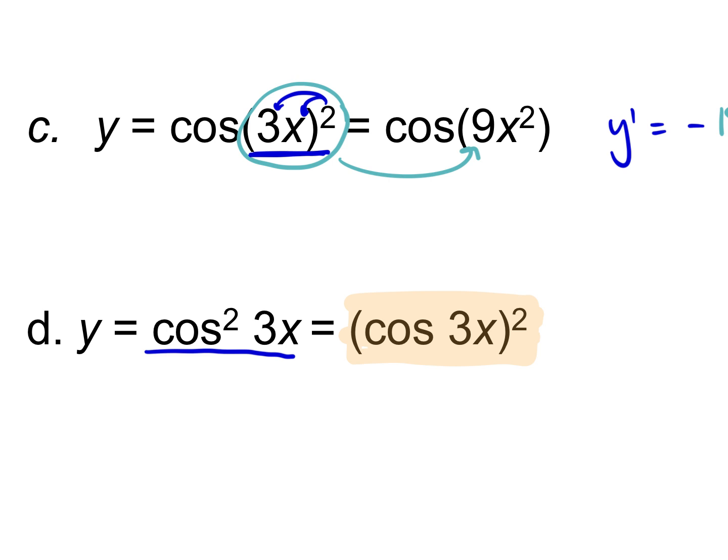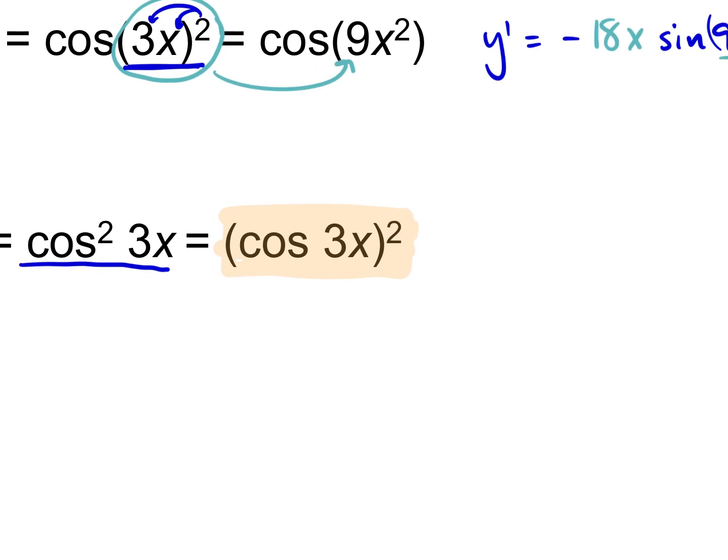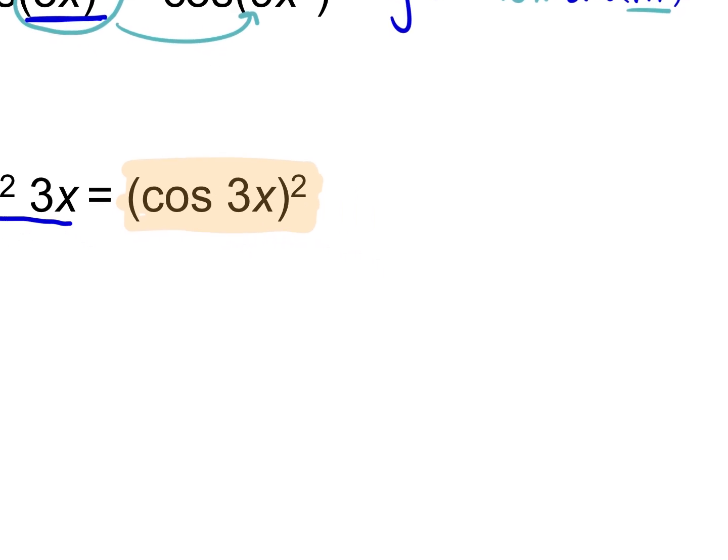So these mean the same thing, but when it has parentheses squared, when we see those parentheses, we usually associate the chain rule with it, which is what we have to do, because cosine is being squared, so our function is being squared. So when we do the chain rule, we take the derivative of the outside, so 2 goes to the front, the inside stays the same, cosine of 3x. Subtract 1 from the exponent, so our new exponent is just 1.